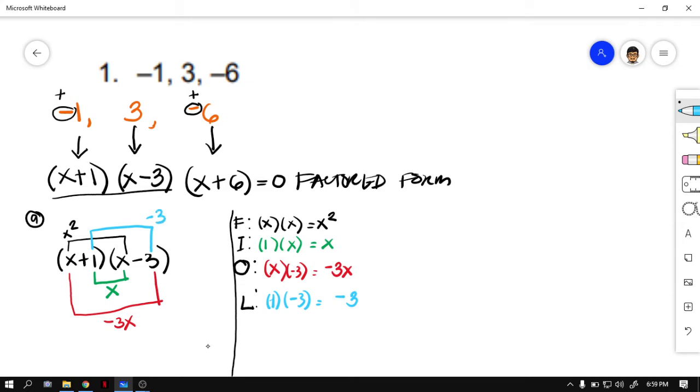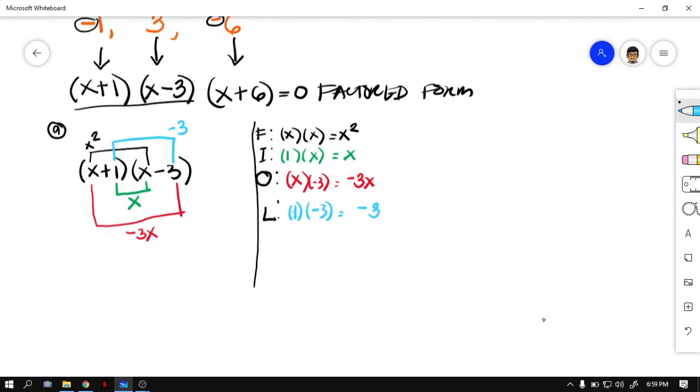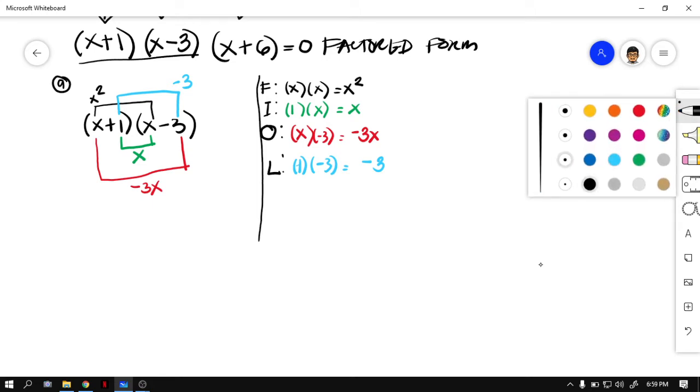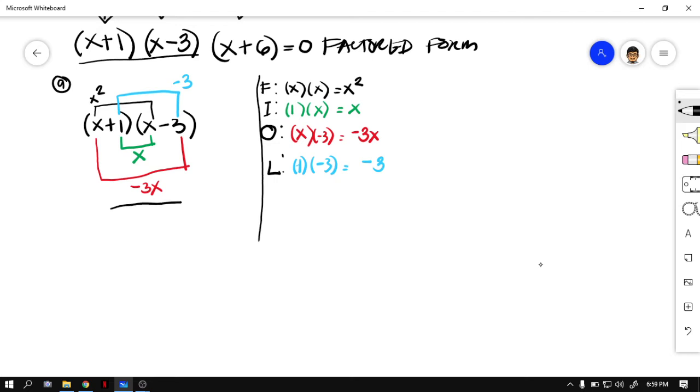Okay? Now, let's combine them. From here, pwede mo nang isolve, usually naman, ang inner at saka outer lang naman ang like terms dyan, eh. So, pwede mo na siyang i-combine directly. So, you have a positive and a negative. So, ibig sabihin, magma-minus ka. And 3 is greater than the coefficient of x, which is 1. So, ibig sabihin, ang final result mo ay negative.